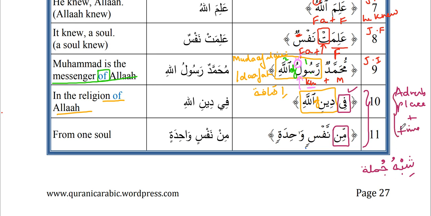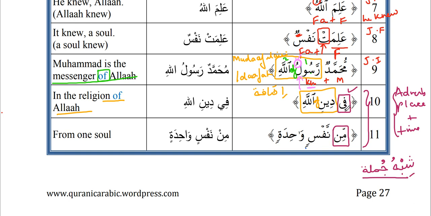Whenever you see a harf jar or a zarf, in Arabic we say zarf, adverb of place and time, starting a sentence, know that it is a shibh jumla.